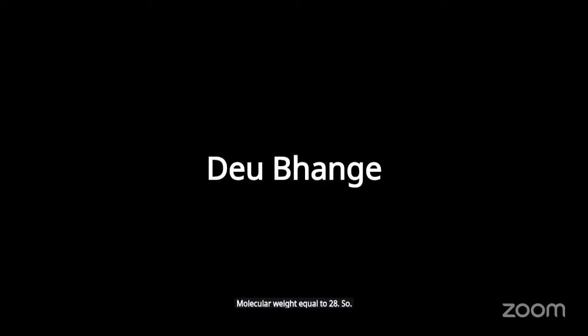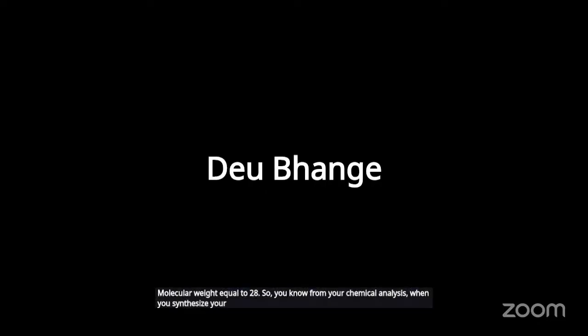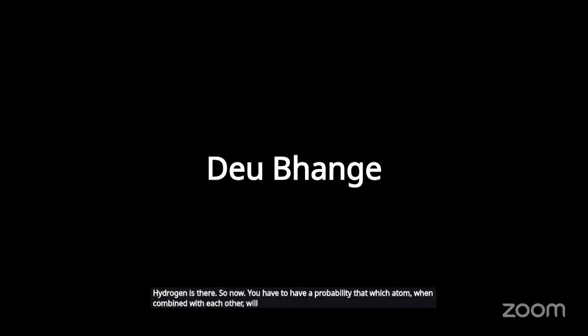You know from your chemical analysis, when you synthesize your sample, you will have chemical analysis by EDAX, atomic absorption spectroscopy, chemical methods, ICP, X-ray fluorescence, something like that. So you know that in your sample calcium is there, carbon is there, oxygen is there, hydrogen is there. Now you have to find which atoms, when combined with each other, will give 28 as a molecular weight. That will be exactly carbon monoxide. So we will relate the second step to carbon monoxide. Now there is a third step.